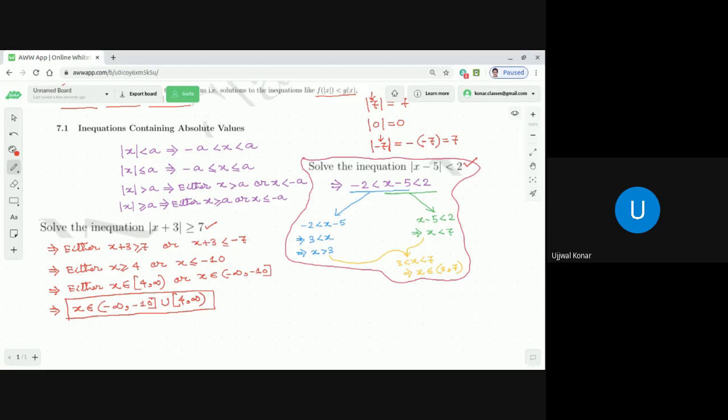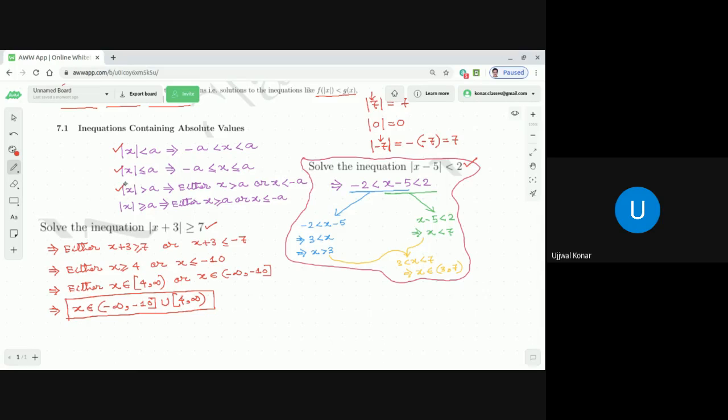I will just conclude before we proceed to the other forms of inequation. Mod of x less than a implies minus a less than x less than a. Mod of x less than or equal to a implies minus a less than or equal to x less than or equal to a. Mod of x greater than a implies either x is greater than a or x is less than minus a.